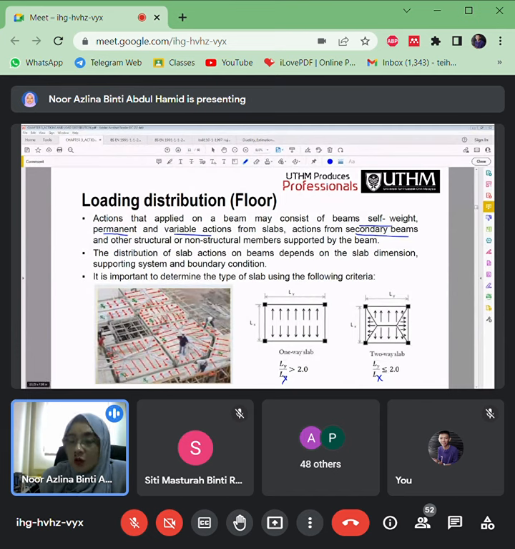This is how we make a distribution or sketch of how the load transfers, which beam will carry that one-way slab or two-way slab here. This mapping you will also do in your structural layout, your first assignment.